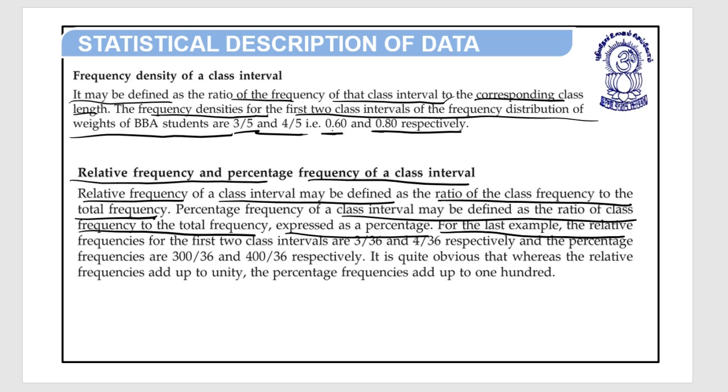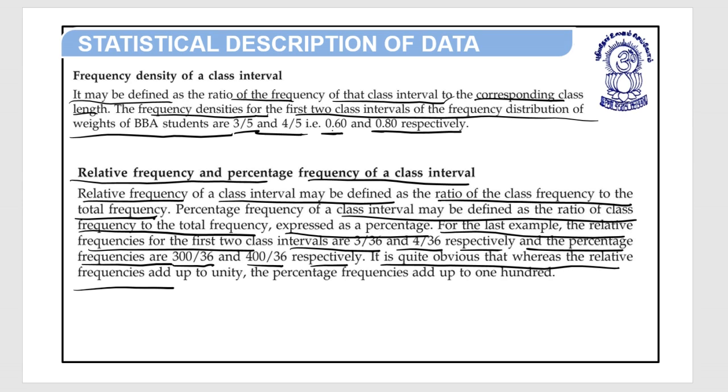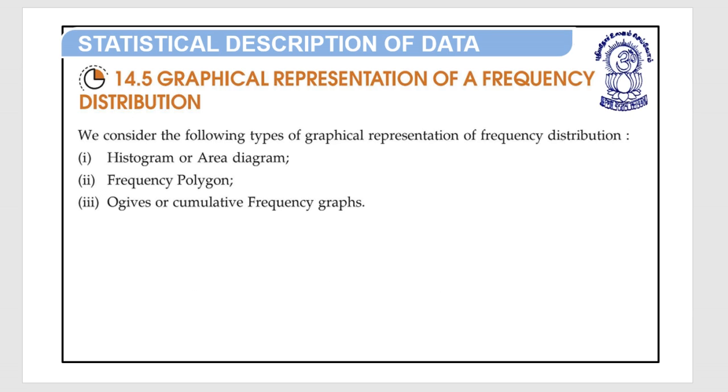For the last example, the relative frequencies for the first two class intervals are 3 by 36 and 4 by 36 respectively, and the percentage frequencies are 300 by 36 and 400 by 36 respectively. It is quite obvious that whereas the relative frequencies add up to unity, the percentage frequencies add up to 100.